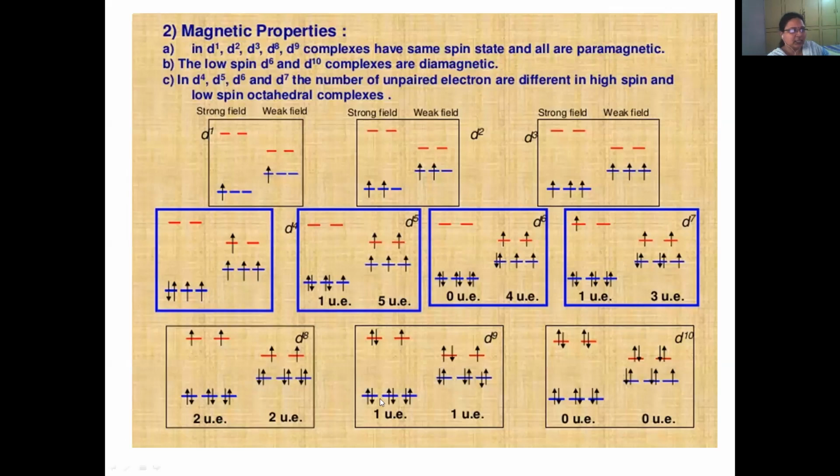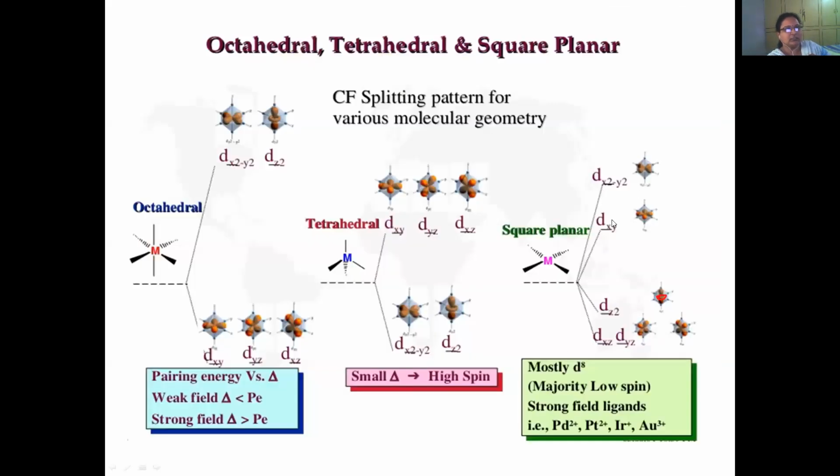For this d8 configuration, generally it exhibits square planar geometry. The crystal field splitting energy has 3 values for this square planar complex, and you can read that by yourself.